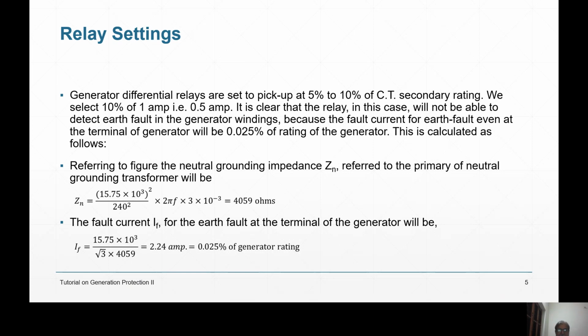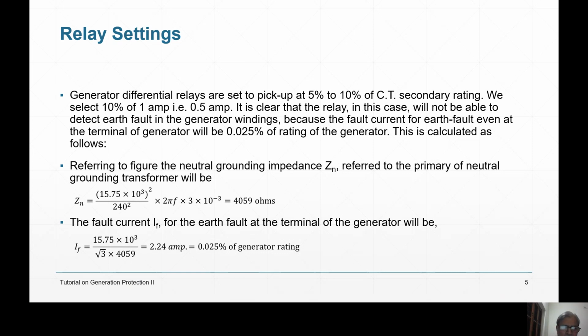You see, that current is in primary once again. That current is in primary. That is 2.5% of 10,000 will be 2.5 only, I think so. 2.5%. 100 into.